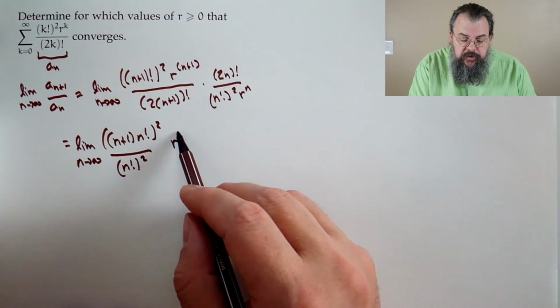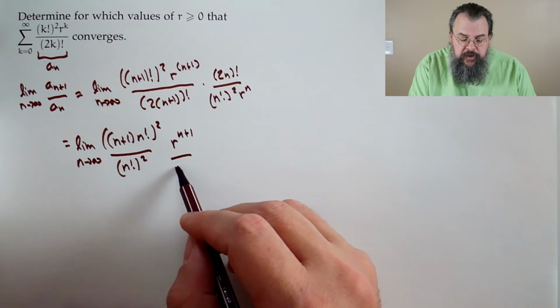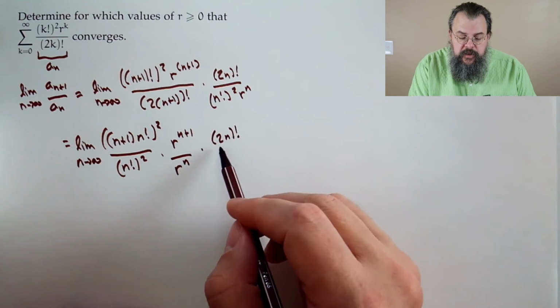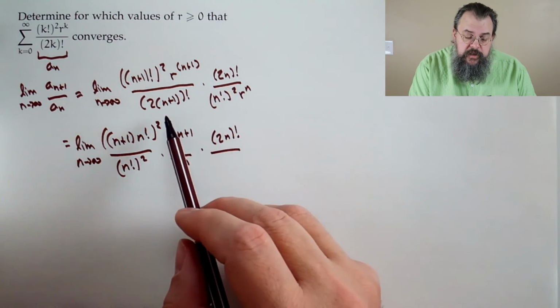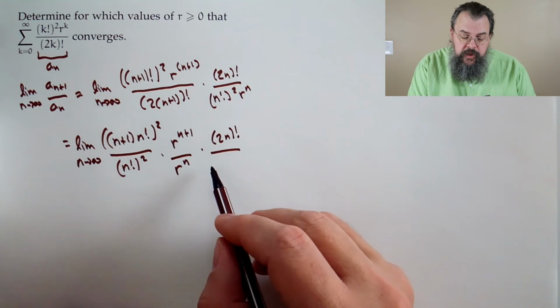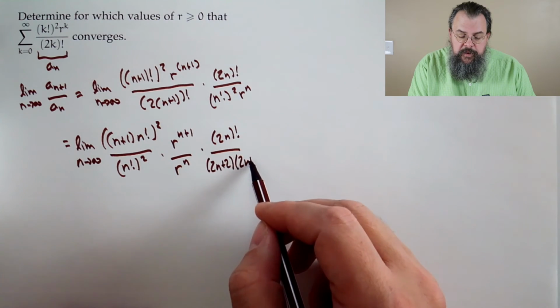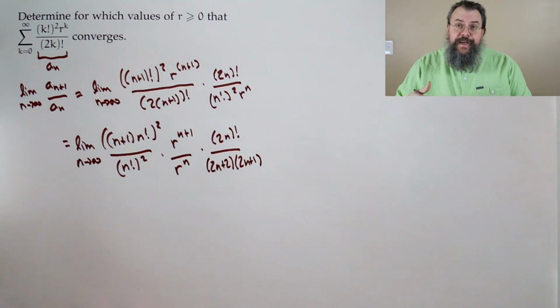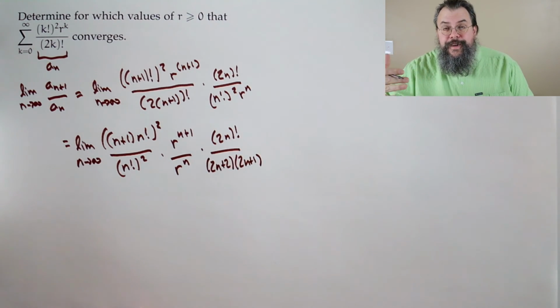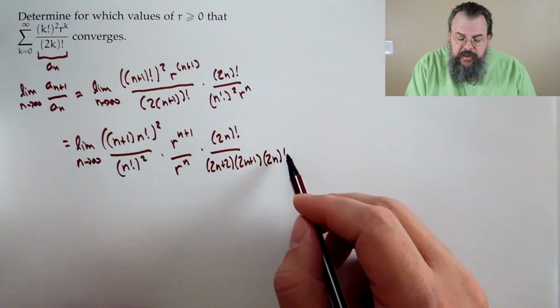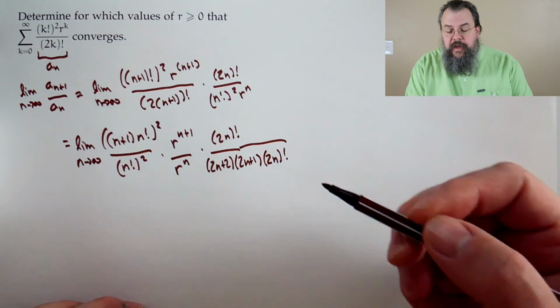This r to the n plus 1, downstairs we have r to the n. And then this 2n factorial, well, downstairs it's 2n plus 2 factorial. So 2n plus 2 factorial, I'm going to pull off the 2n plus 2, I'm going to pull off the 2n plus 1, and then it'll be the 2n factorial. In other words, from then on, everything can be compressed into the 2n factorial.